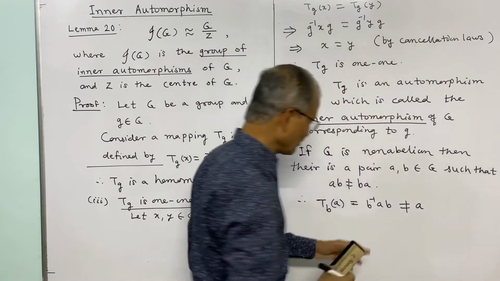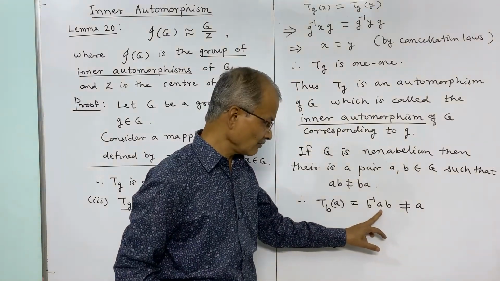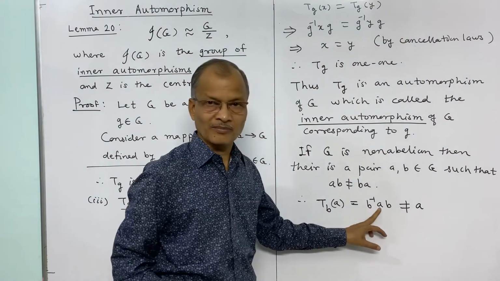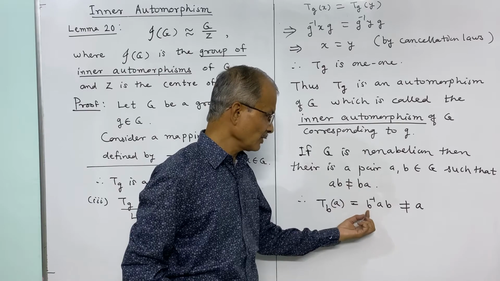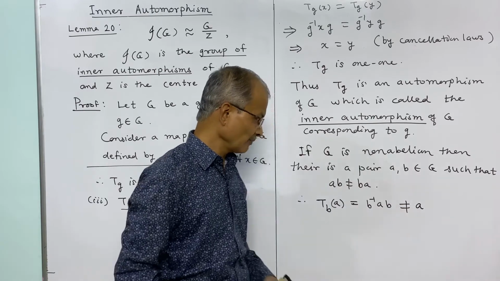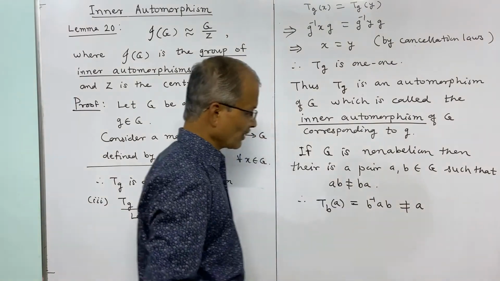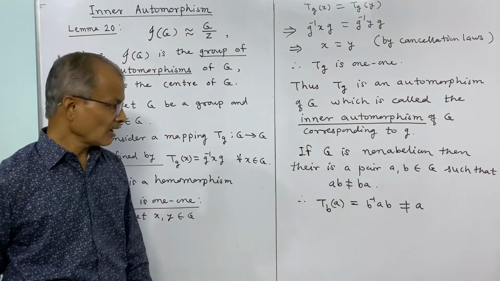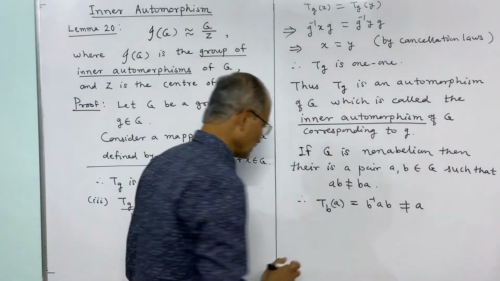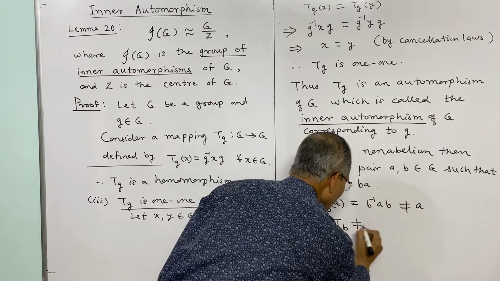When would this be equal to a? If ab is equal to ba, then b inverse b will be identity and then it will be a. But here ab is not equal to ba, and therefore b inverse ab is not equal to a. Thus Tb of a is not equal to a, so Tb is not equal to identity.